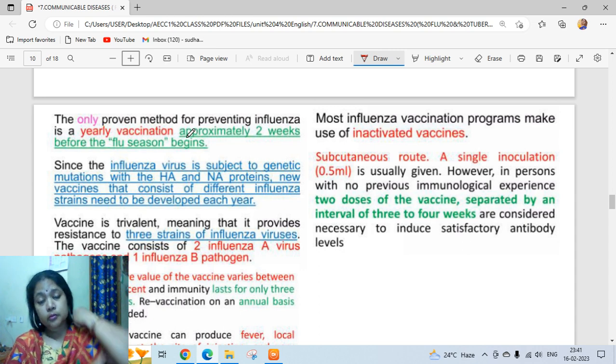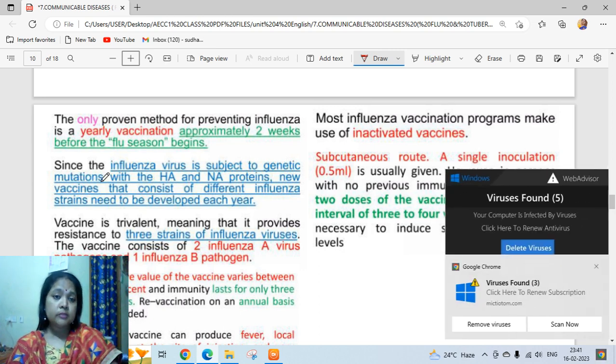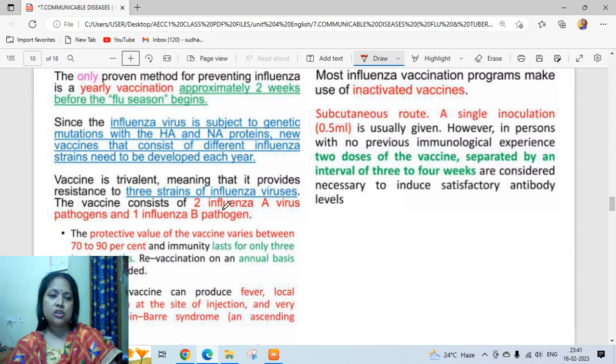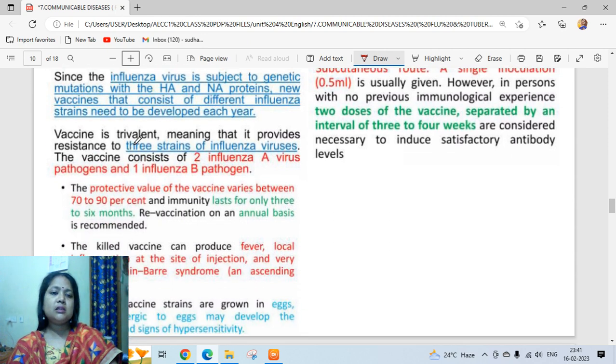Since the influenza virus is subject to genetic mutations with the hemagglutinin or NA protein, new vaccines that consist of different influenza strains need to be developed each year. The vaccine is trivalent, meaning that it provides resistance to 3 strains of influenza.